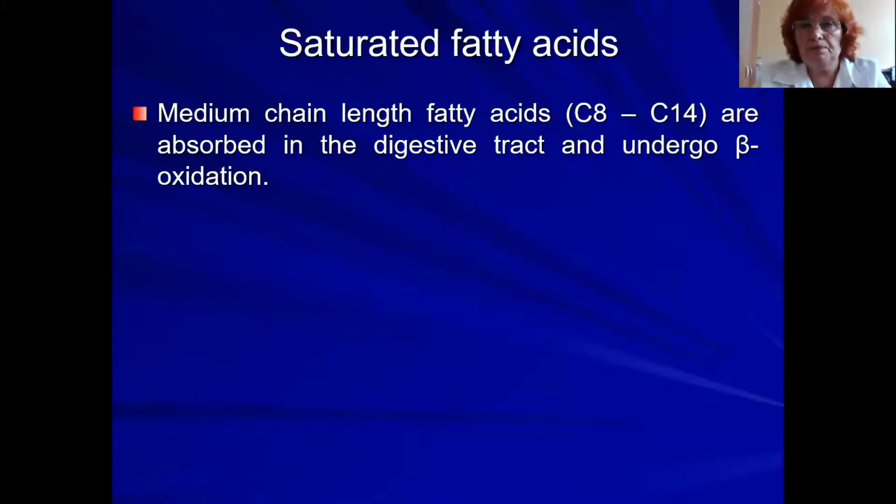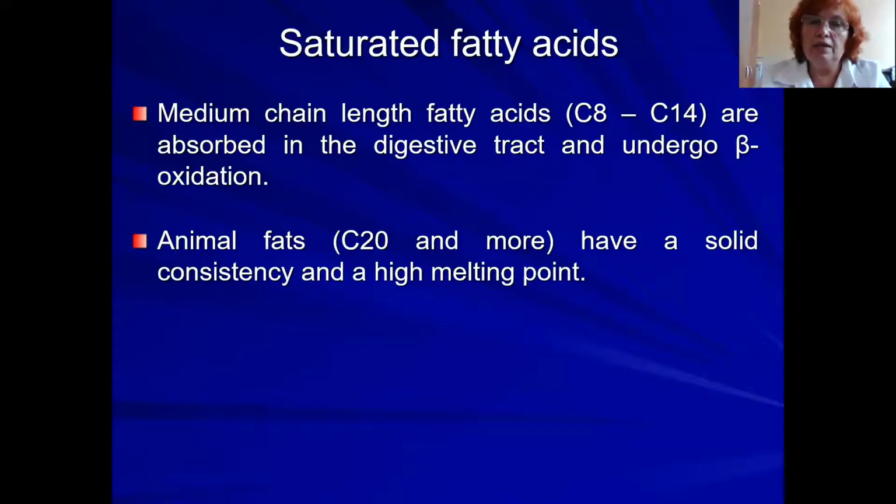What is it? Medium chain length fatty acids from 8 to 14 carbons are absorbed in the digestive tract and undergo beta oxidation. Animal fats have a solid consistency and a high melting point.